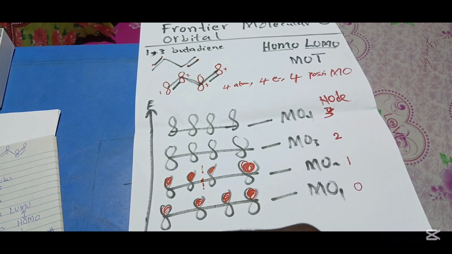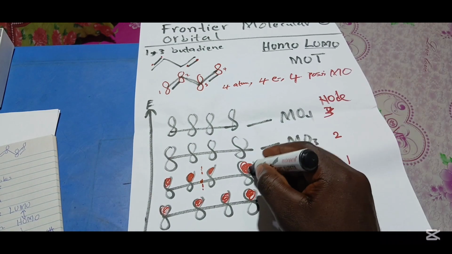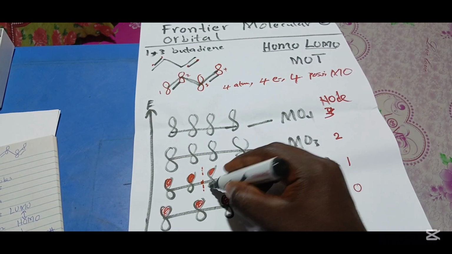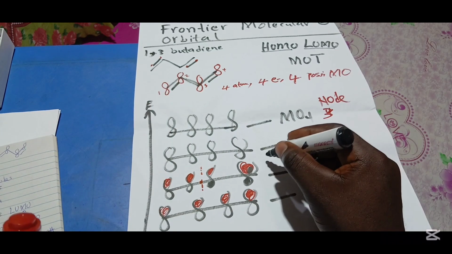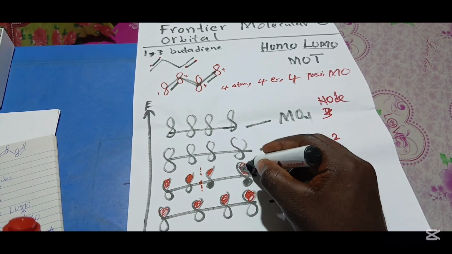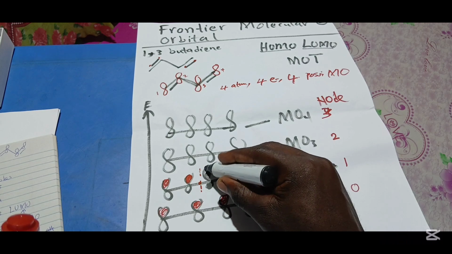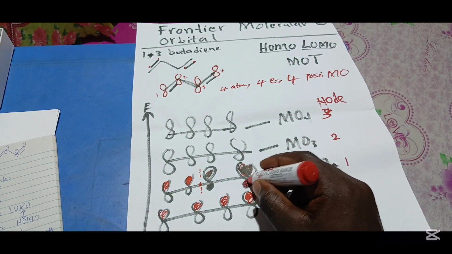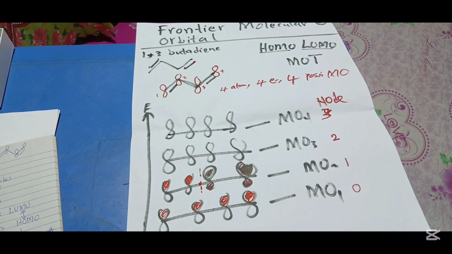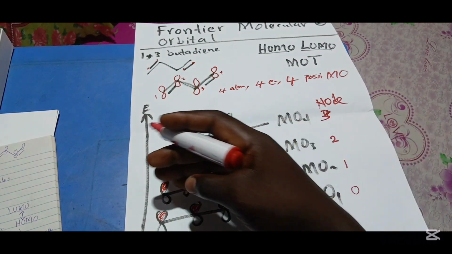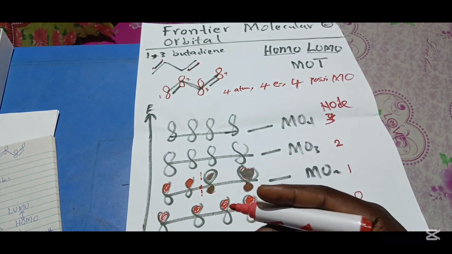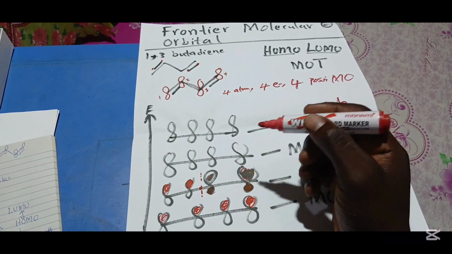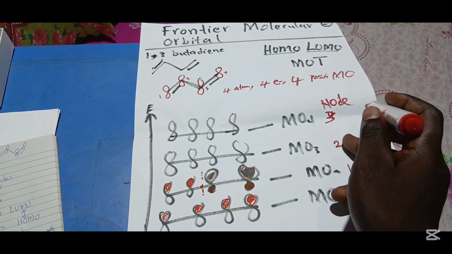I have to shade this downwards. It has to be the opposite of what is here. Sorry for this. I don't know how to correct this mistake. So these are in phase and these are also in phase. So up, down here. So now that we are done with this, we have to get 2 nodes here.